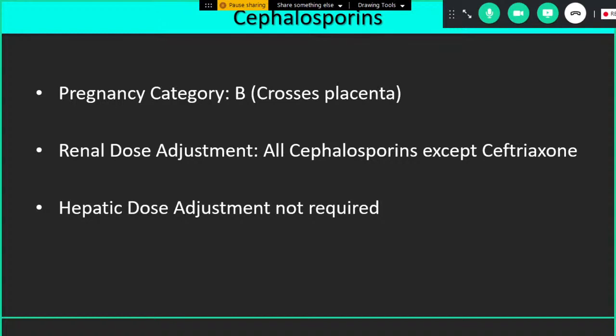The fourth generation has good gram negative as well as gram positive activity, and the fifth generation has activity like the third generation, but it has acquired activity against MRSA and MRSE. So that covers the cephalosporins.